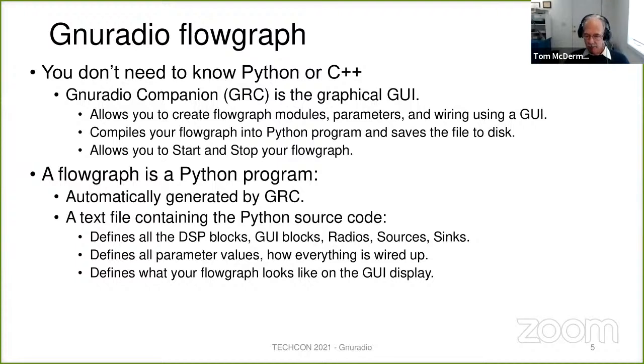All of that's in that text file. The nice thing is you can save that file and go back to it and run it later from a command line, or you can run it from the GUI, or you can go edit it. You can do all kinds of things with that text file if you want, but you don't have to do anything. You can do it all in the GUI as well.